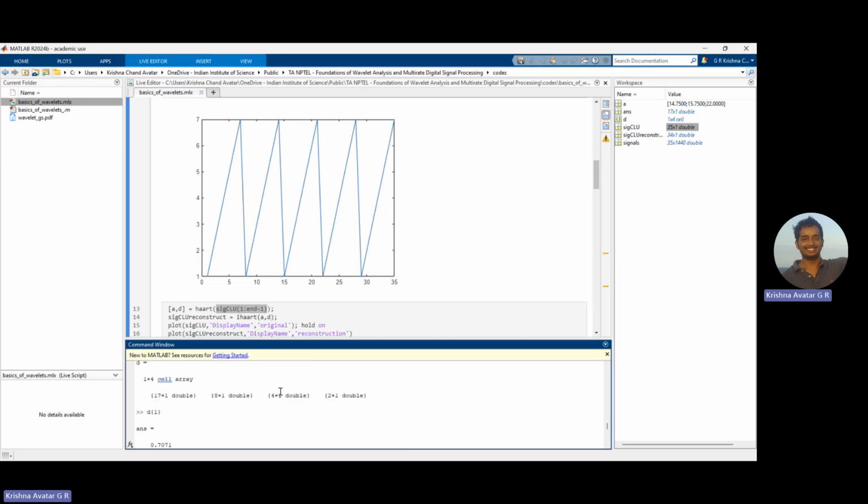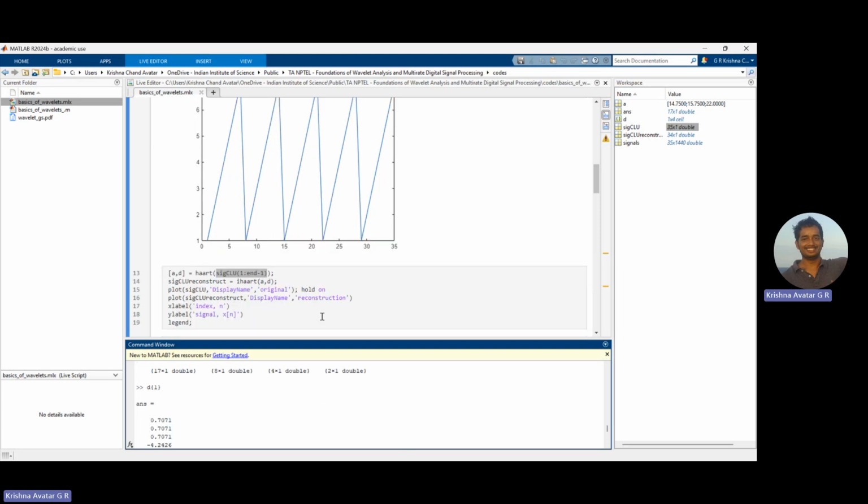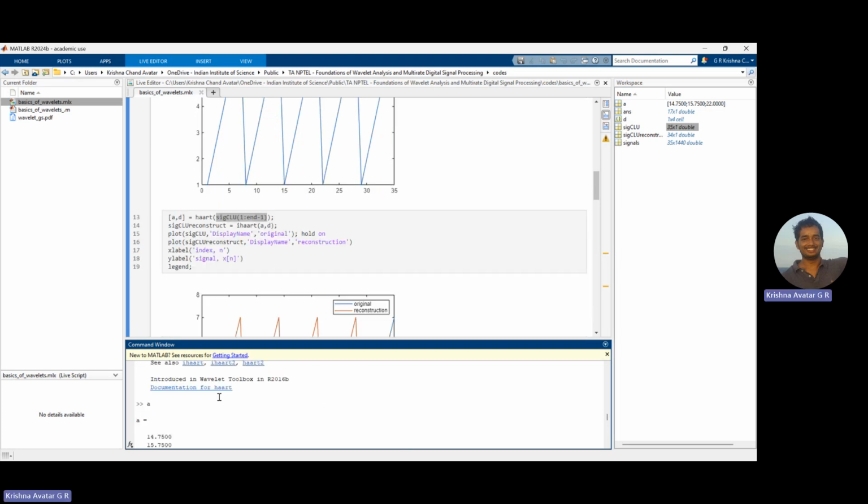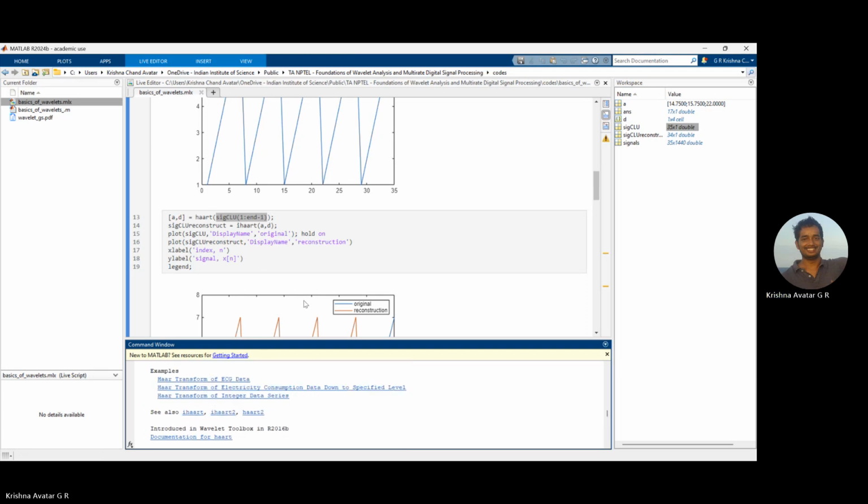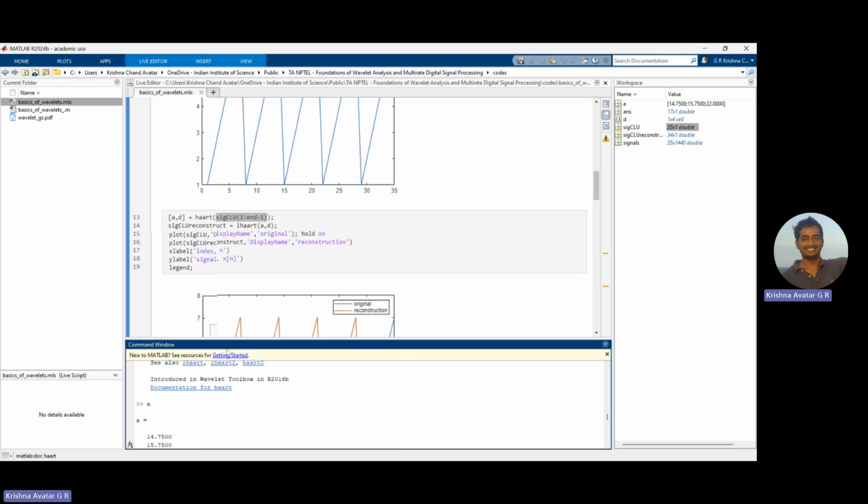In the cell-like array, you find it has multiple entries with a detail level of approximation. To be able to understand this further, we can even ask, so just open this, you can just click it.